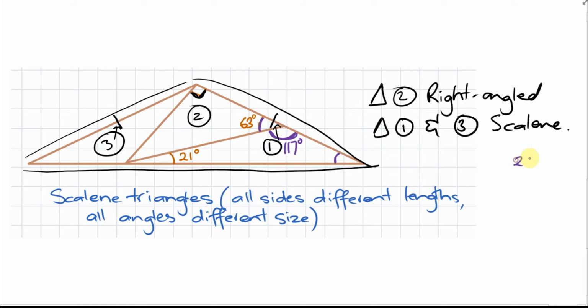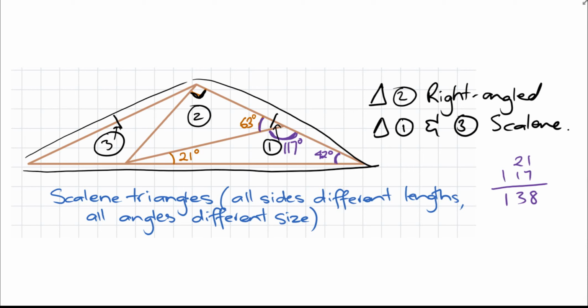So if I've got 21 plus 117, I get 138. So this angle here must be 42. So you can see that triangle number 1 is indeed a scalene triangle. All the three angles are different, so it is therefore scalene.